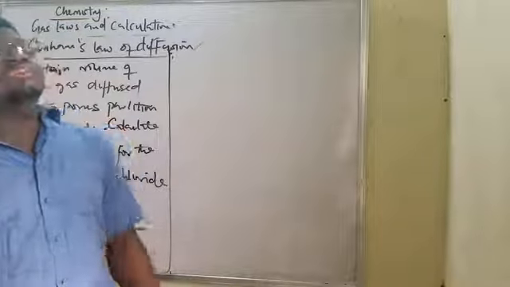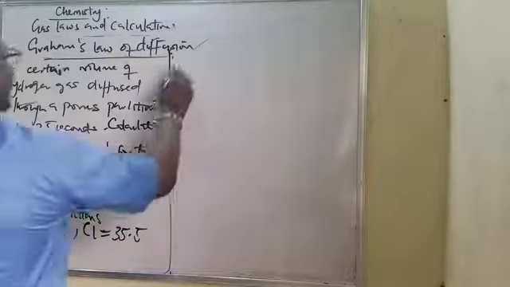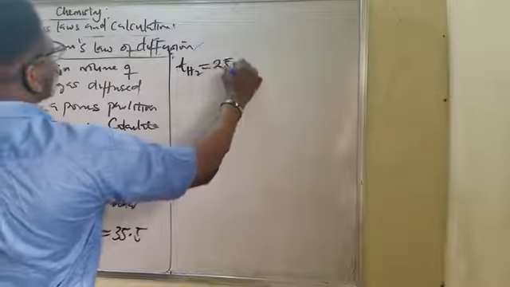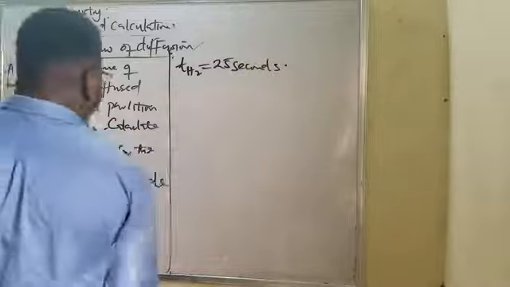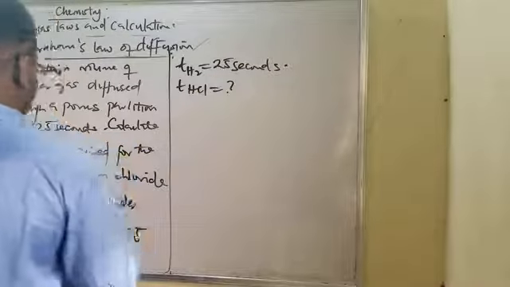So let's solve this. My time taken for hydrogen gas is 25 seconds. My time taken for HCl is not given.